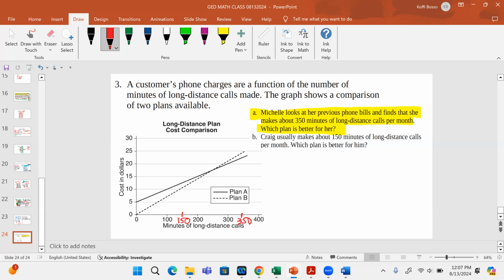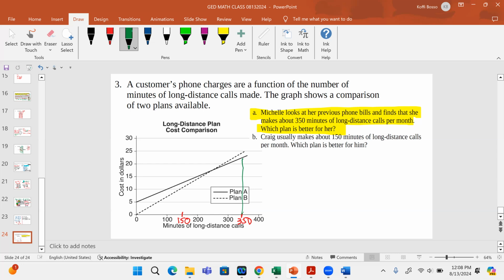Now for 350 minutes, we have two lines here. If I draw a line to join the two lines on top, I will touch line A before line B for 350, for question A, right?